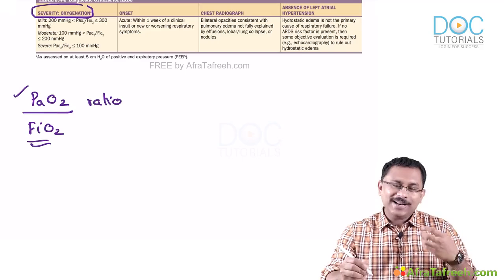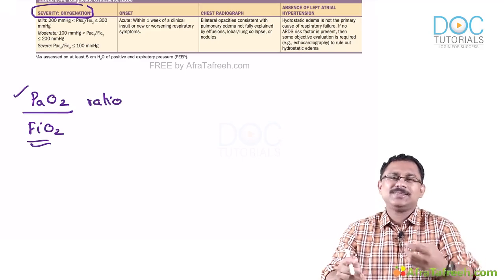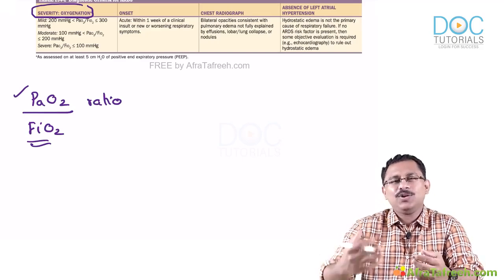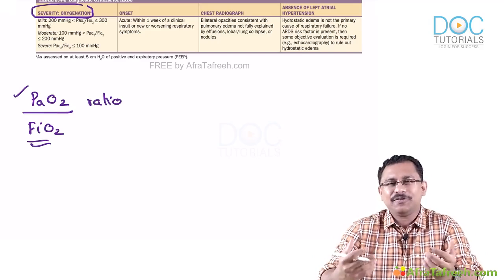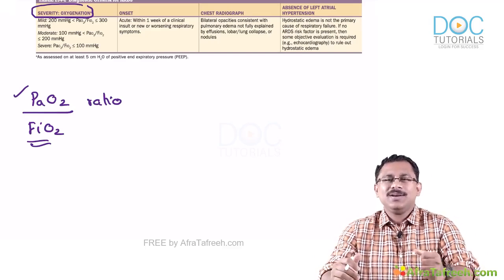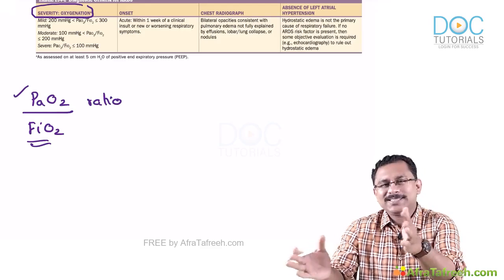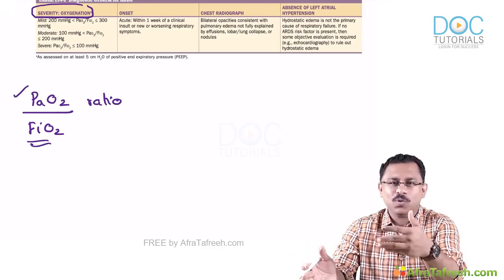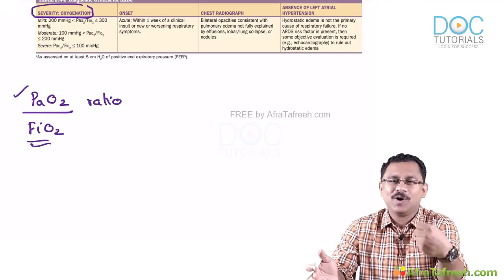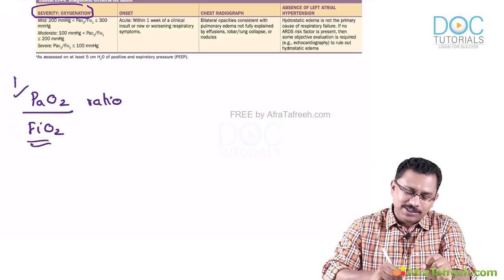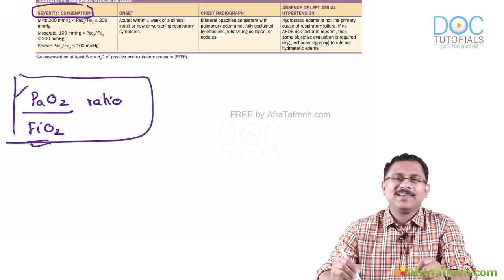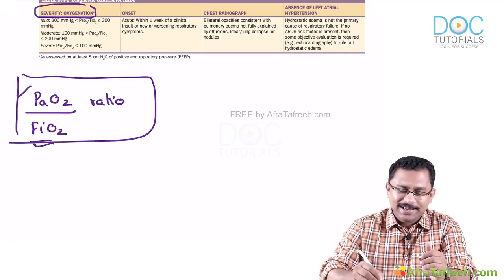Now, what happens is that in ARDS, how much ever you try to increase your fraction of inspired oxygen, do you think this oxygen will translate to your partial pressure in the arterial side? No, because there is some diffusion abnormality happening. So what will happen to this ratio? This ratio will be decreased.